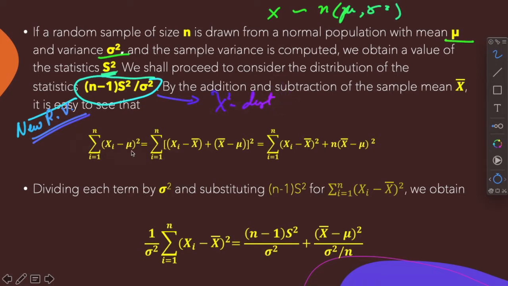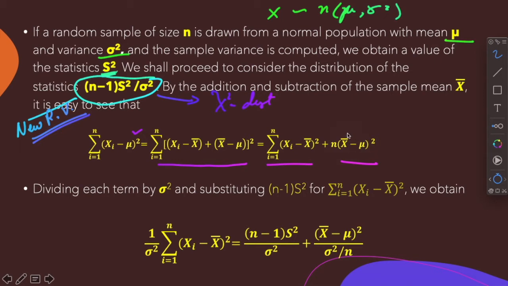So if we take the difference from the mean and square it, and then further split it into two parts and open it, we get two terms over here. One is summation xi minus x bar whole square, plus n into x bar minus mu whole square.